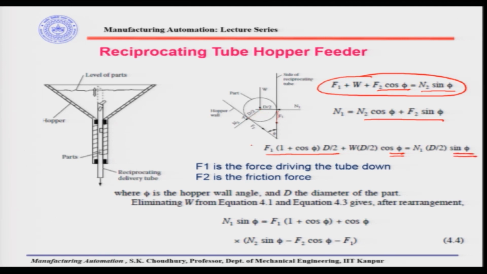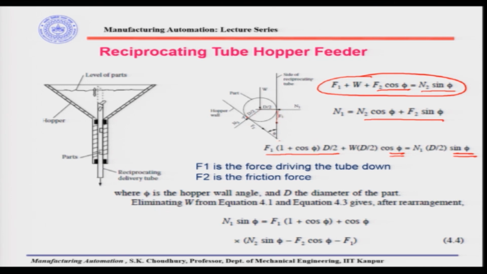This is another equation, the moments around the point A. Now we have these three equations. Here phi is the hopper wall angle once again, and d is the diameter, so d by 2 is the radius.